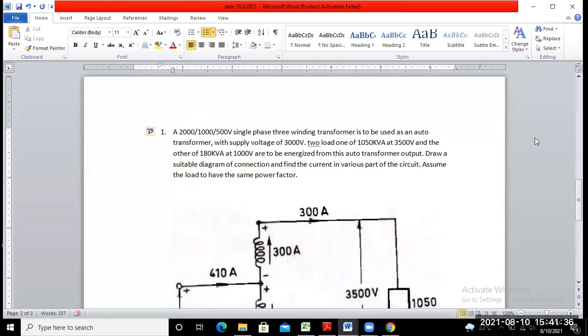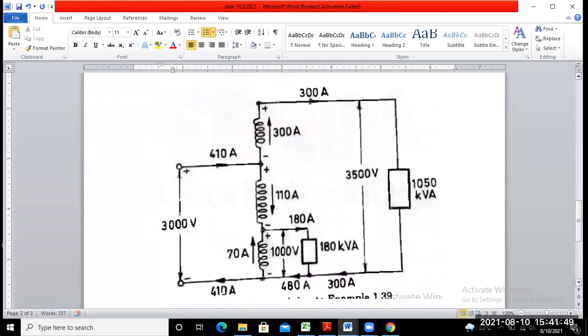You may find the connection diagram first, then solve the problem by finding the current values in the various parts of the circuit. So this is the circuit diagram of your problem. The supply voltage is 3000 volt.